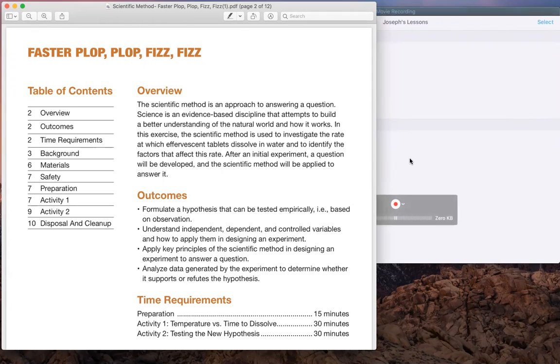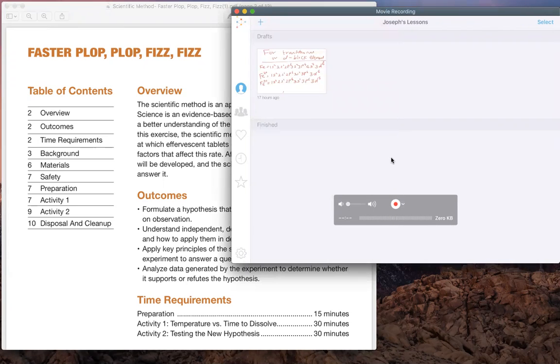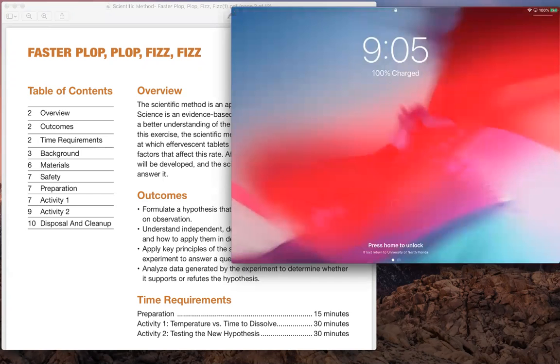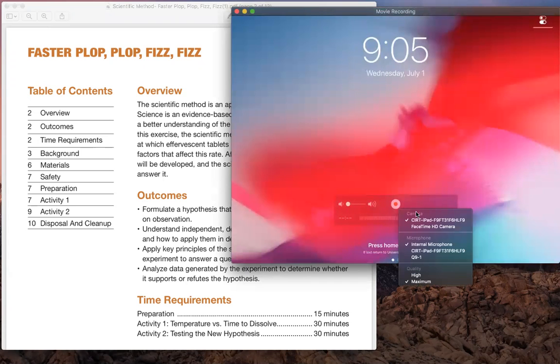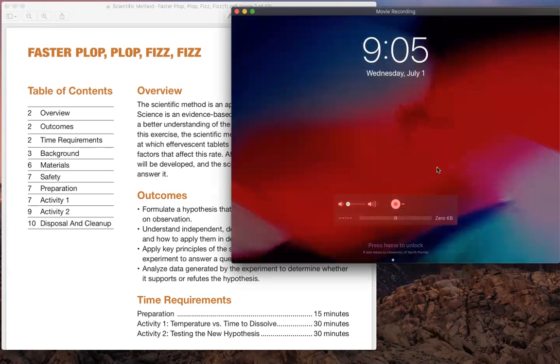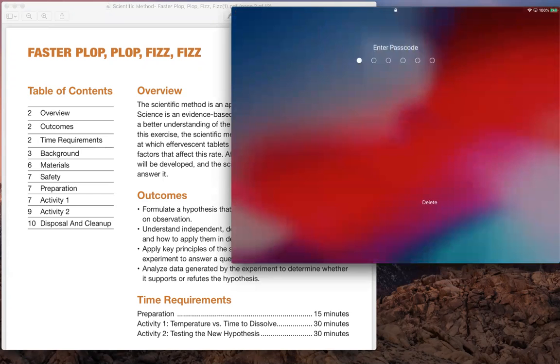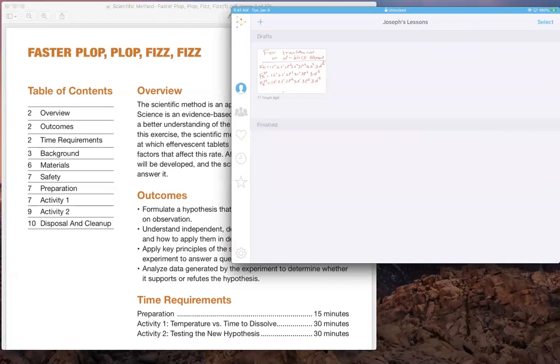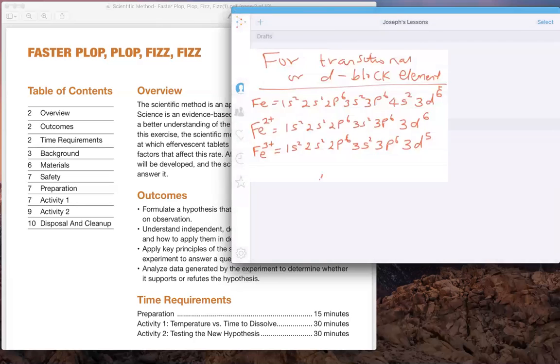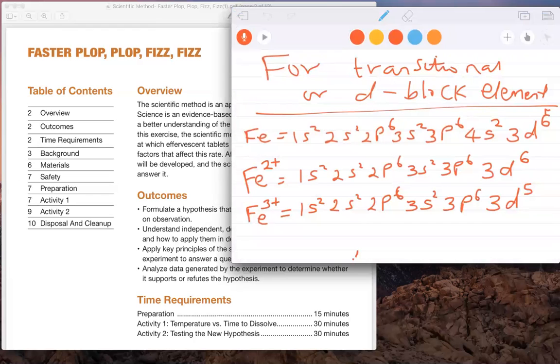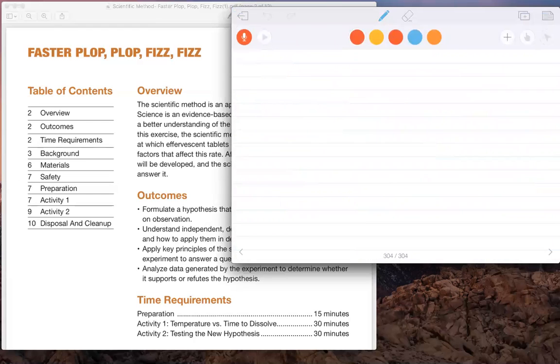So at the outset, how do we define the scientific method? When we say scientific method, what is it all about? I'll just look at the broad definition of scientific method.